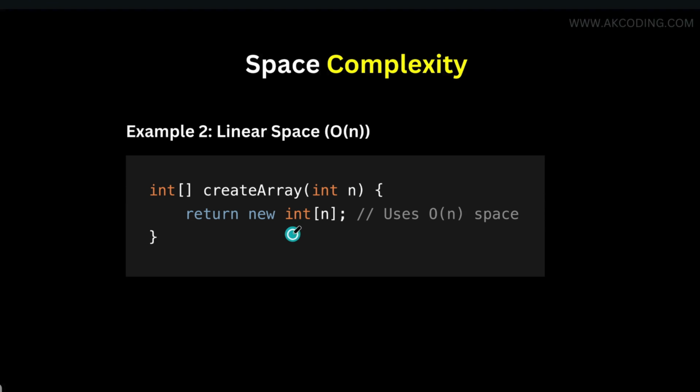So the size of the array is directly related to the input size. So here n is a variable, so that's why the space complexity of this program would be O of n.